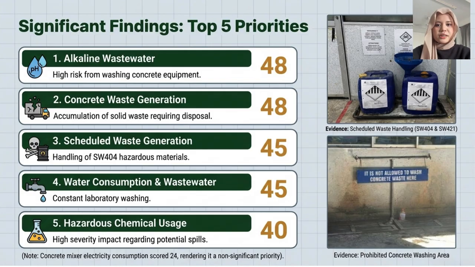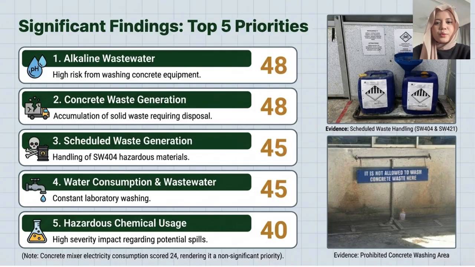We'll continue this presentation. For significant findings, top 5 priorities. Based on our environmental audit, we identify the top 5 environmental priorities in the FKTA laboratory. The highest priorities are alkaline wastewater and concrete waste generation, both with a score of 48. These issues mainly come from washing concrete equipment and managing solid concrete waste.